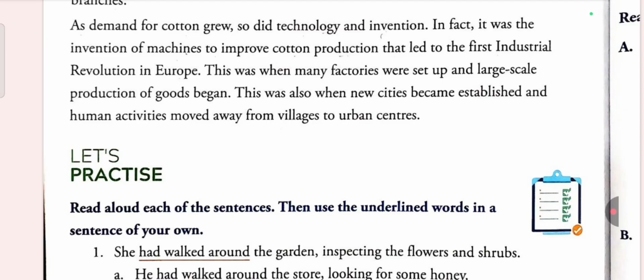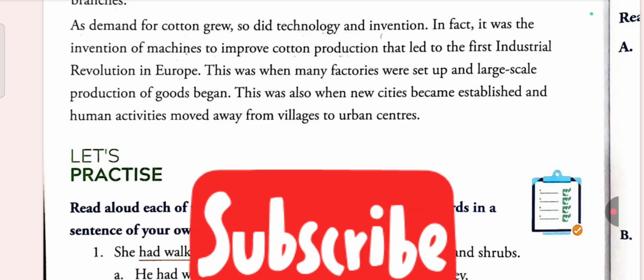New cities were made, and human activities moved away from villages to urban centers. So people were leaving the villages and coming to urban centers and cities. So this is the story about silk and cotton.